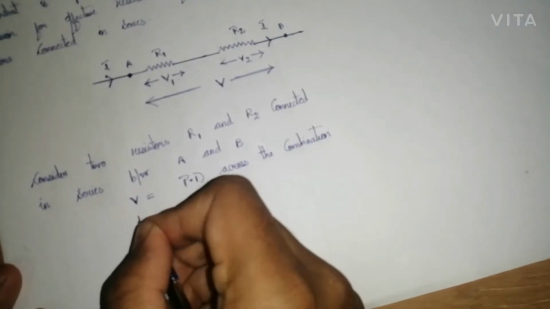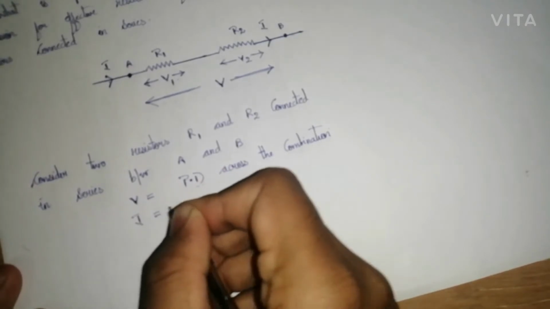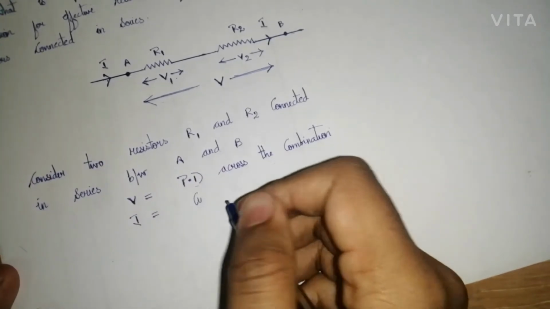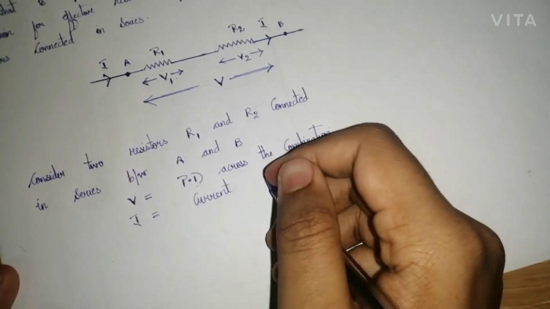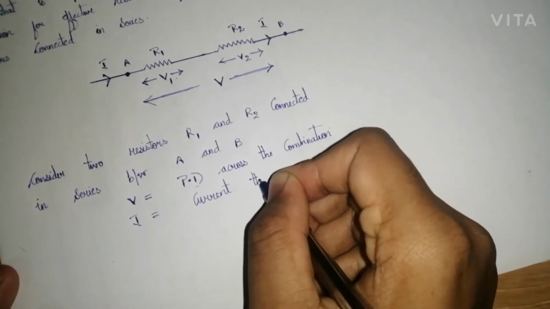And let your current I be the current through the combination.